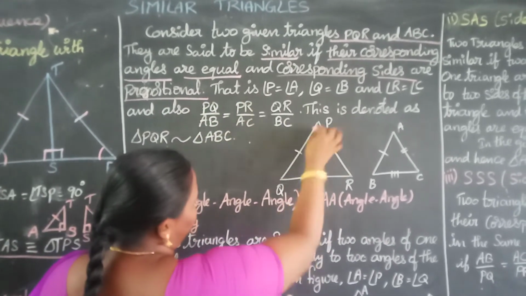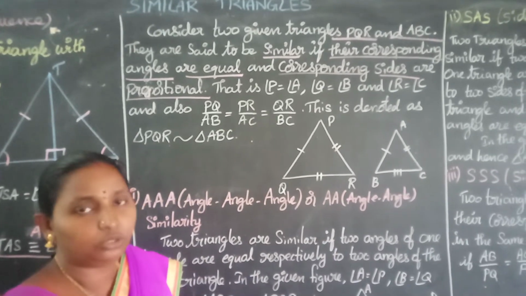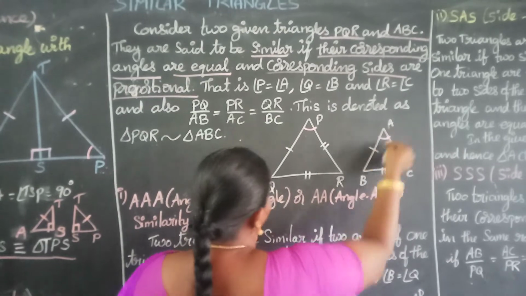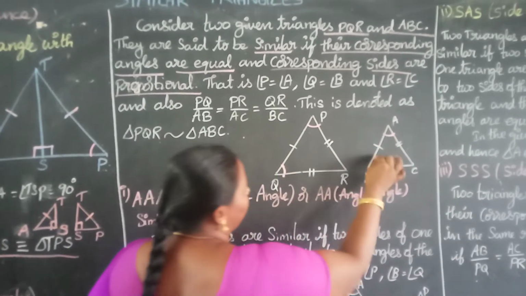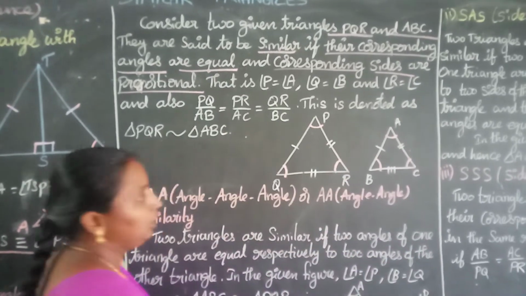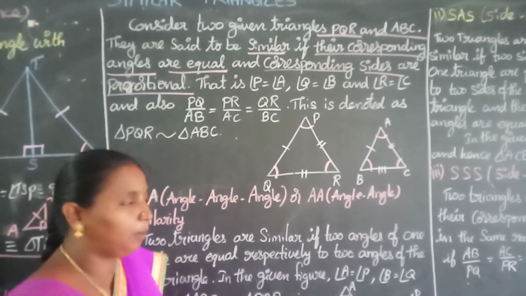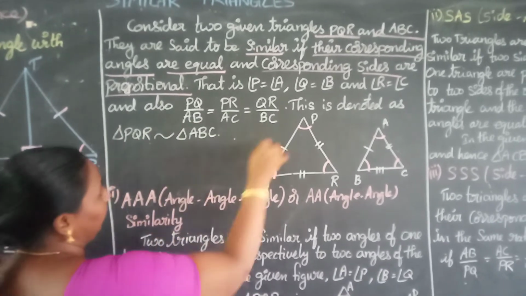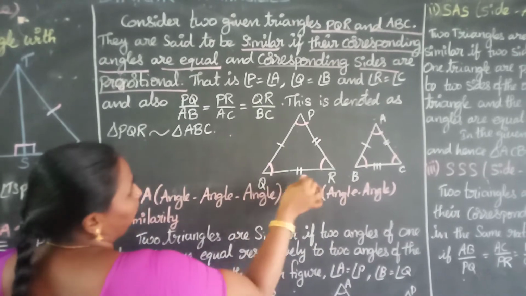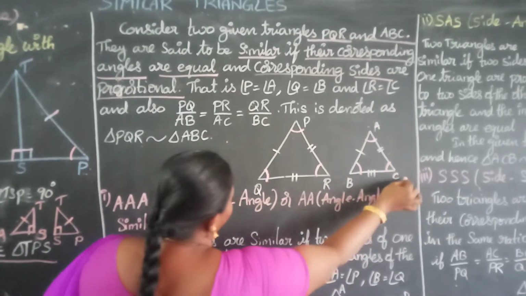If you take triangles PQR and ABC, when will you say that these two are similar? Angle P should be equal to angle A, angle Q equal to angle B, and angle R equal to angle C. Not all the sides should be equal; they must be in proportion only. That is what I wrote here: PQ divided by AB, then PR divided by AC, then QR divided by BC.